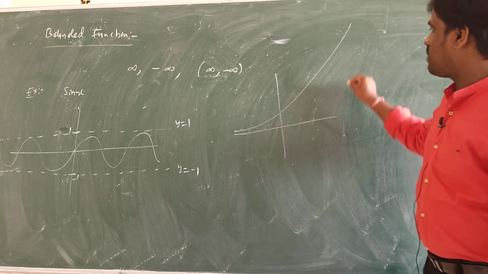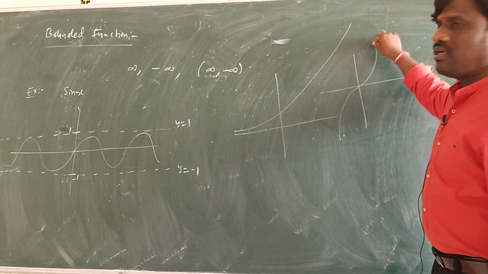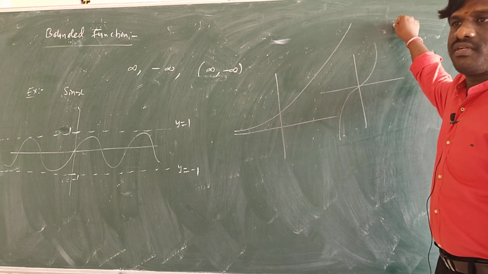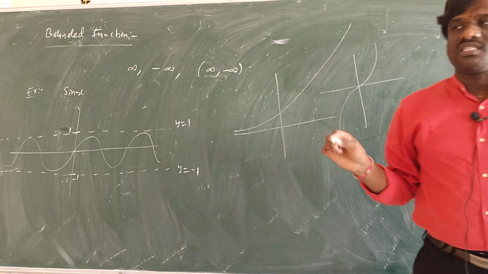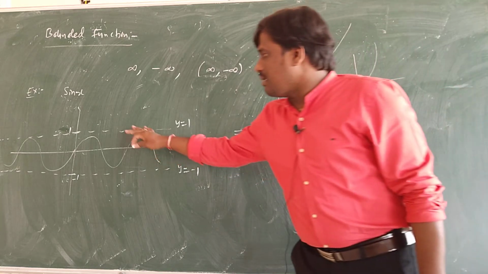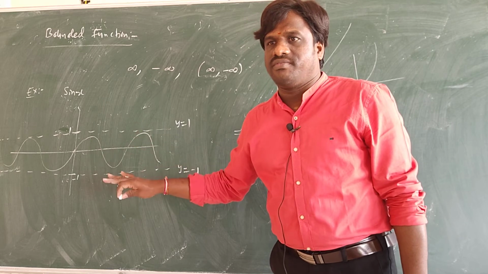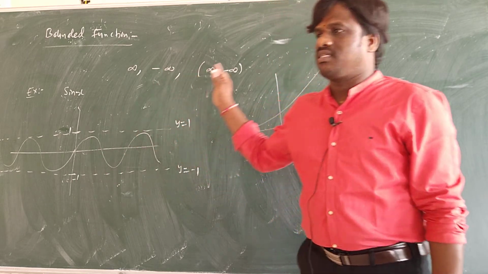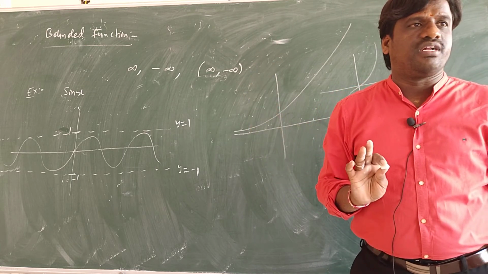Suppose f of x is equal to x cube graph, it goes from minus infinity to plus infinity. This is an unbounded function. So the function which has a limitation between two lines is called a bounded function. If any function goes to infinity or minus infinity, then it is unbounded.